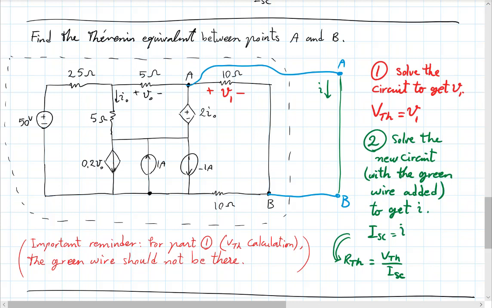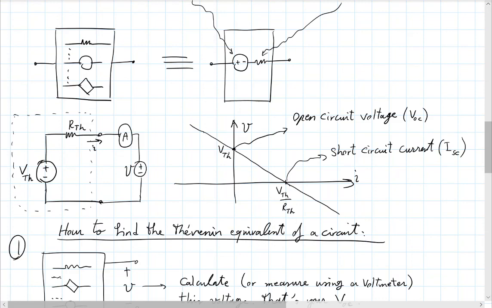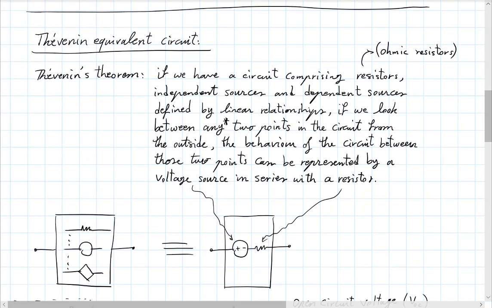That's really critical. So a Thevenin equivalent is not the property of a circuit only, but a property of the circuit between 2 well-defined points. Okay? Which also then brings me to this little star I put here, between any 2 points.